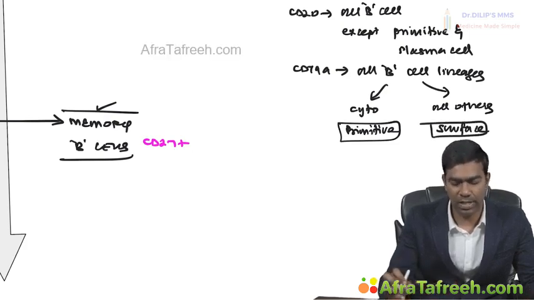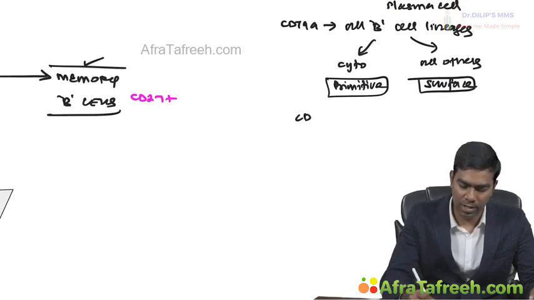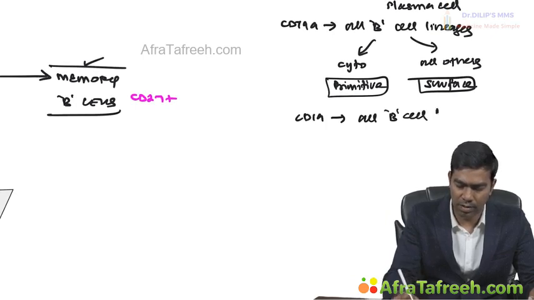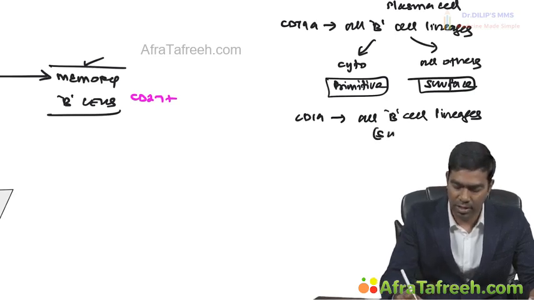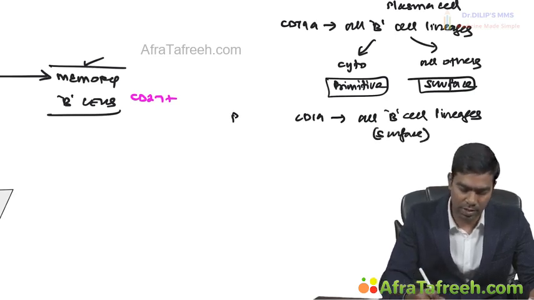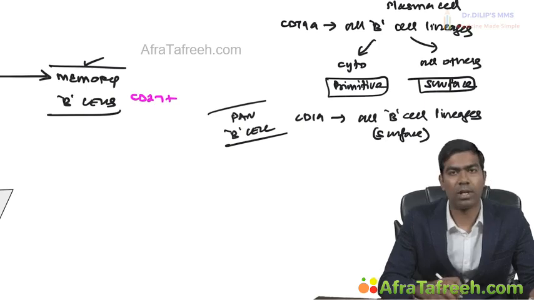But apart from that, CD79A is in almost all B cell lineages. CD19 is seen in all B cell lineages on the surface itself. That is why CD19, I told you, is called a pan B cell marker.